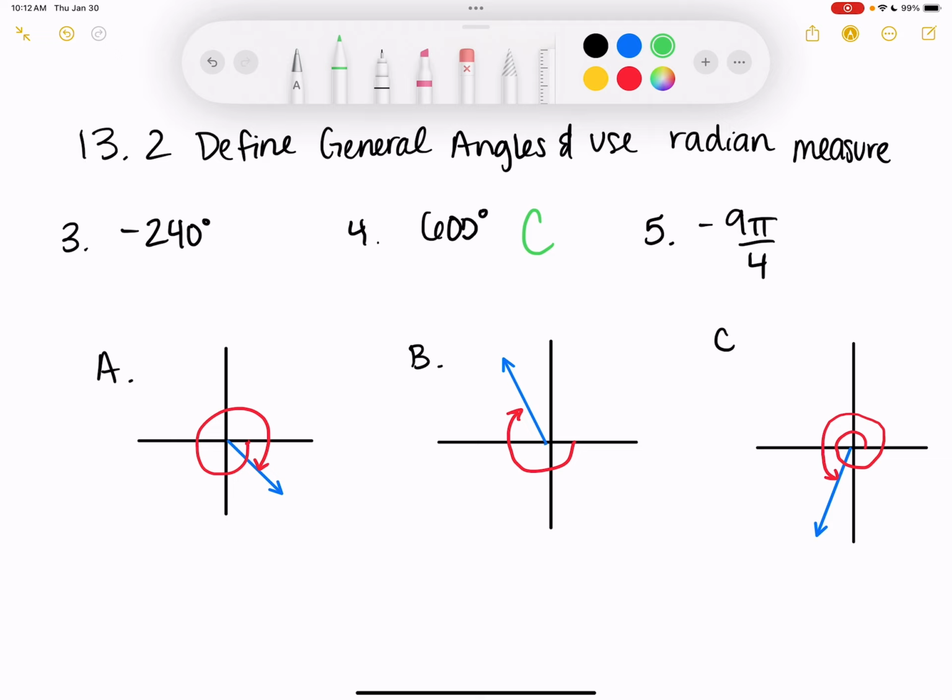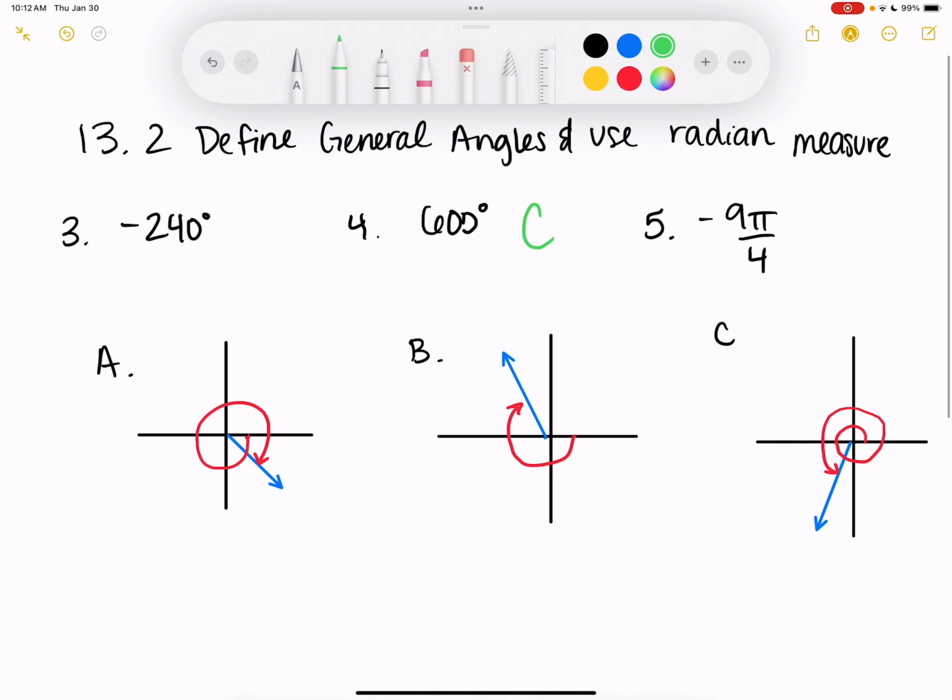Now, if it's going opposite like this, that means that my angle is negative. I have two things that are negative, number 3 and number 5. But one of these goes around a partial time and another one goes around more than once.